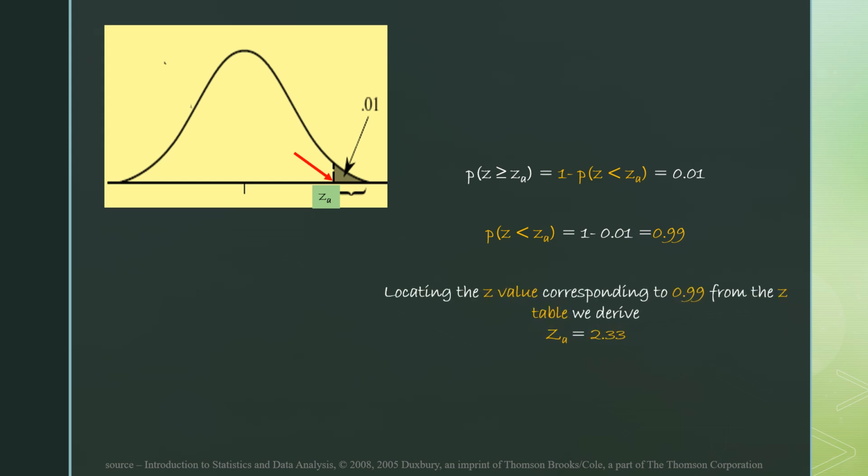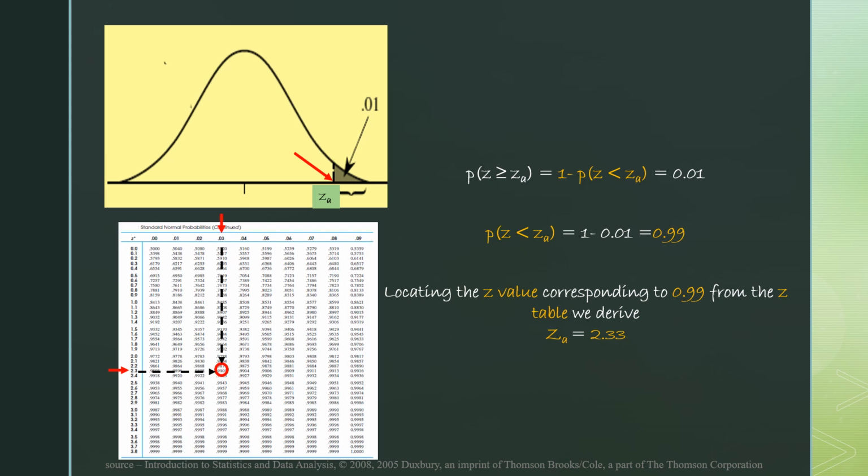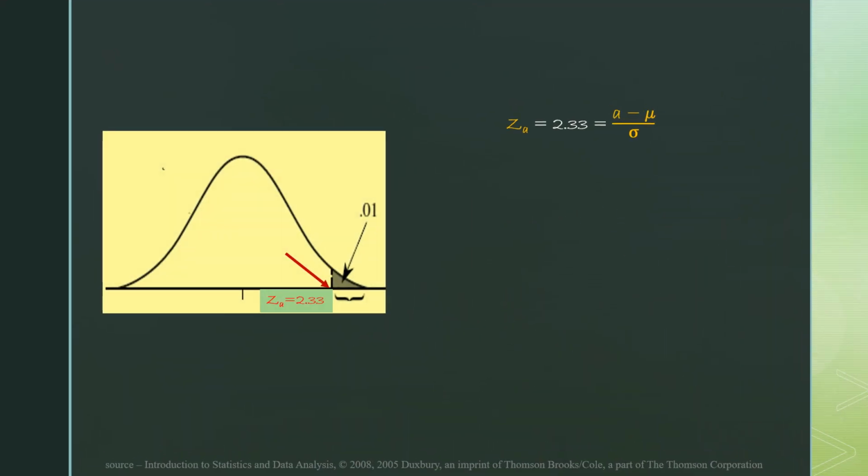Locating the z value corresponding to 0.99 from the z table, we derive ZA as 2.33. ZA equals 2.33 equals A minus mu divided by sigma. Thus A equals 2.33 multiplied by sigma plus mu.